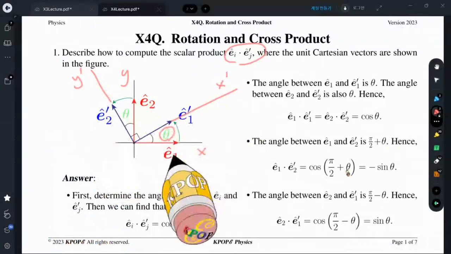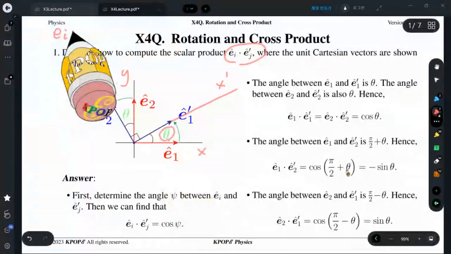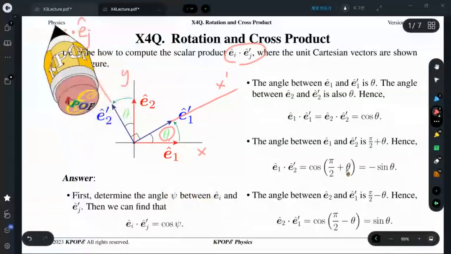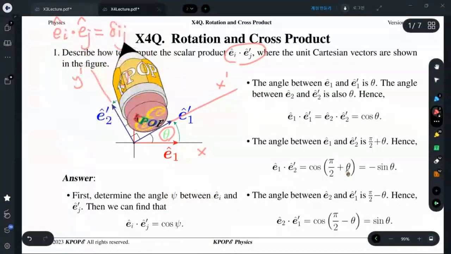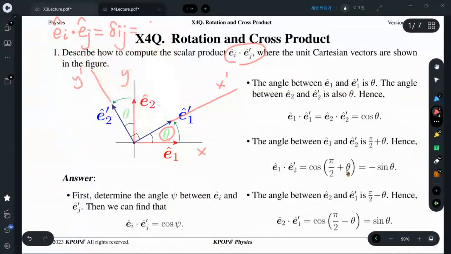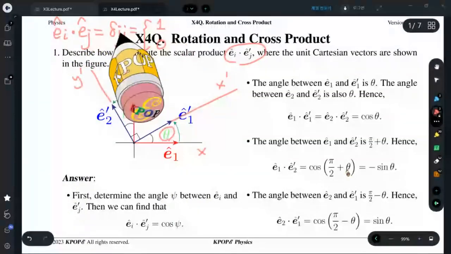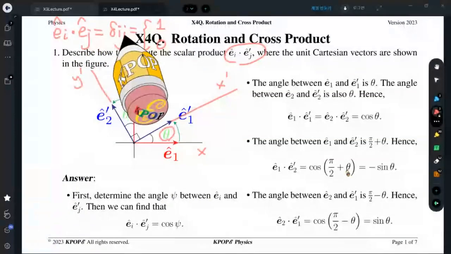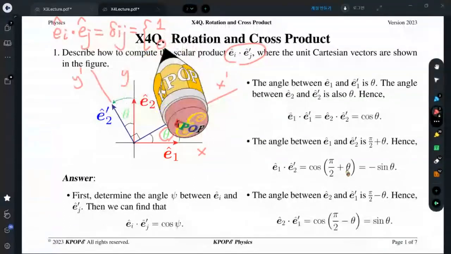We recall that e_i dot e_j in a single coordinate system is the Kronecker delta ij. They are either 1 or 0. If two indices are the same, it is 1. Two indices are different, it is a 0.